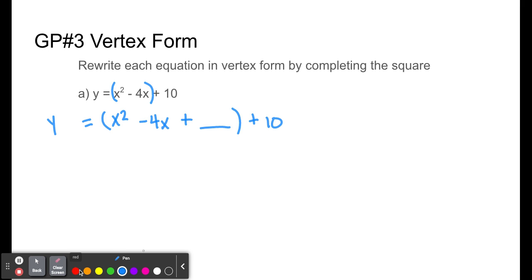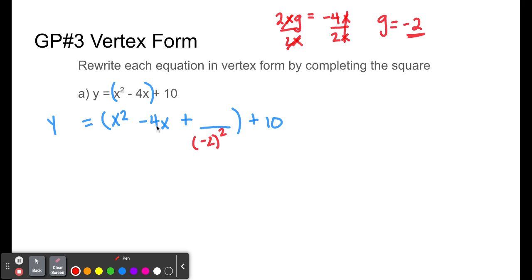So recall from the previous lesson that this number here is our 2fg, or 2xg. We divide both sides by 2x, and we get g equals negative 2. Now I want you guys to start recognizing that the g value we get, that we go ahead and square, is always half of our b term.